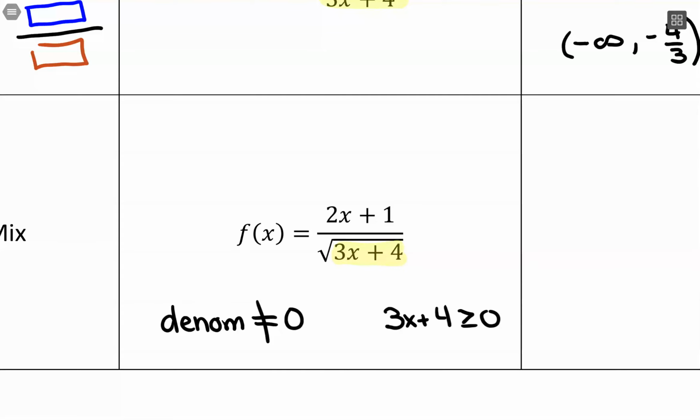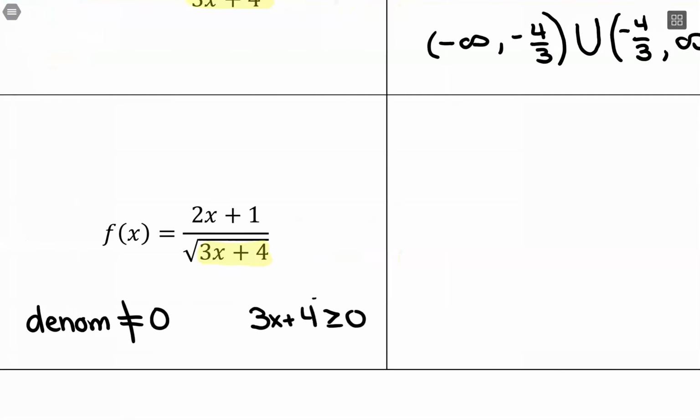So what you could do is separate these up and solve. You could even combine them, because that 3x plus 4 has to be more than or equal to 0, but at the same time we're saying it can't equal 0. So if we just combine those two, we could solve it in one piece by taking that 3x plus 4 and saying it has to be strictly more than 0.